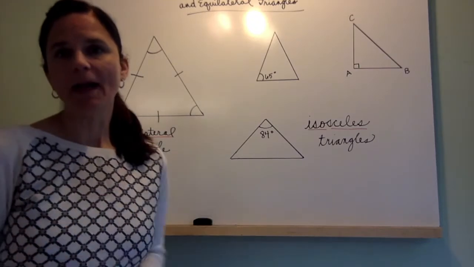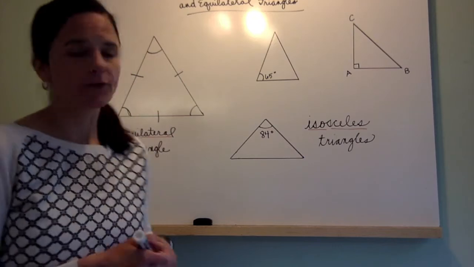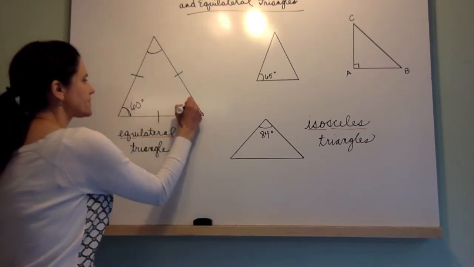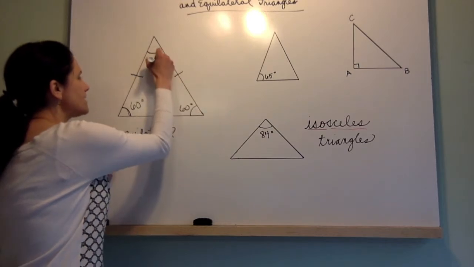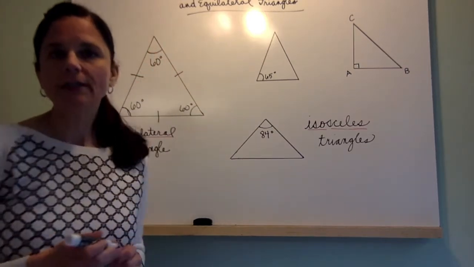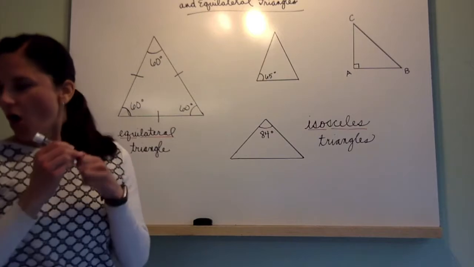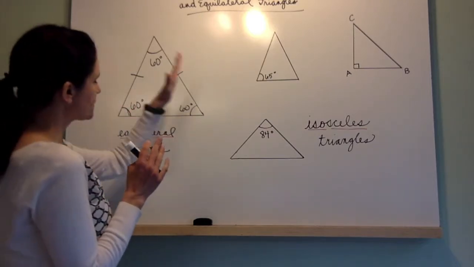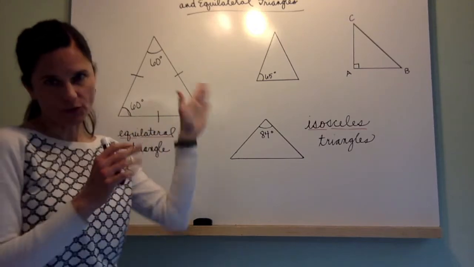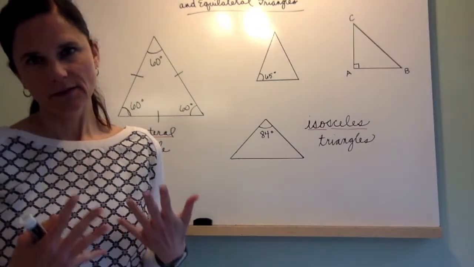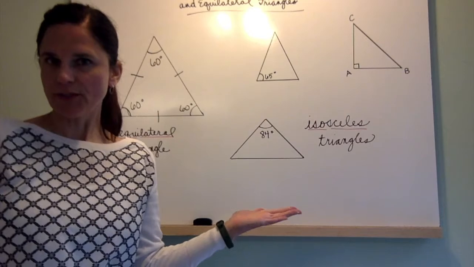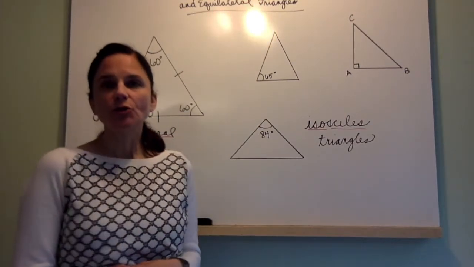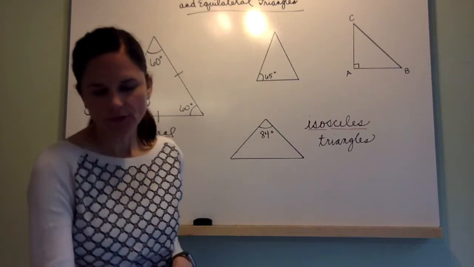Well, hopefully you can do the math in your head. 180 divided by 3. And you should come up with 60 degrees. So that is a property of all equilateral triangles. All equilateral triangles have 3 equal sides and 3 equal angles, and the angles are always 60 degrees. That's pretty simple.